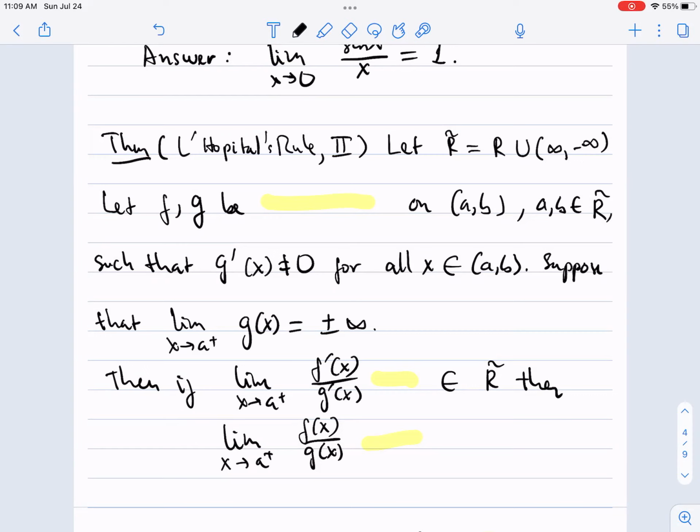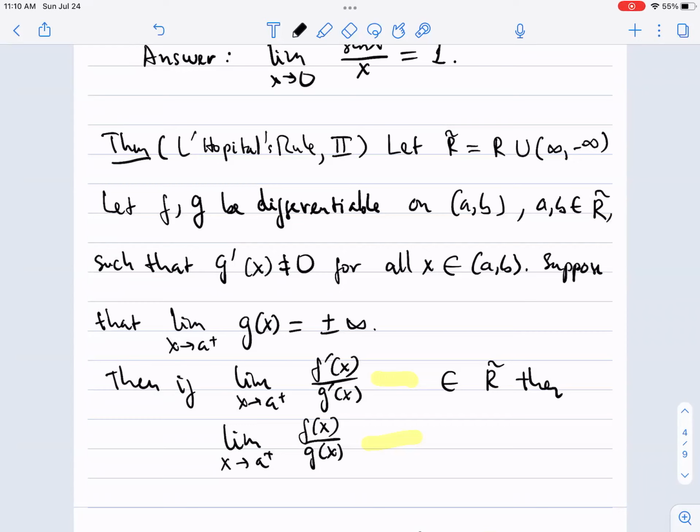Let f and g be differentiable on the interval from a to b, with a, b belonging to this extended set, such that g prime of x is different from 0 for all x inside the interval.